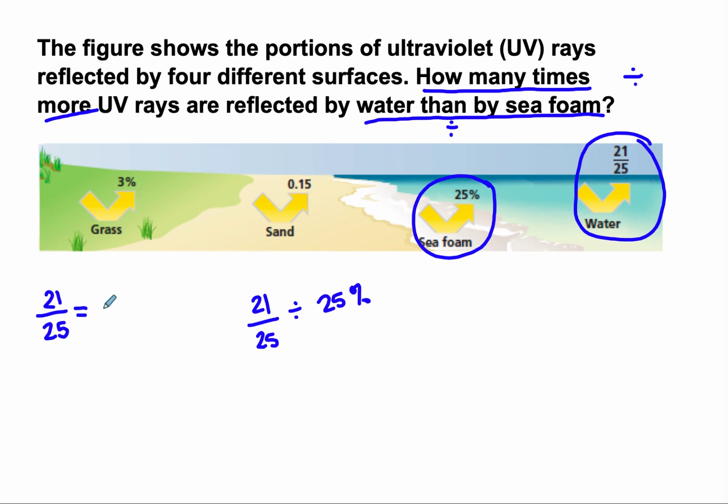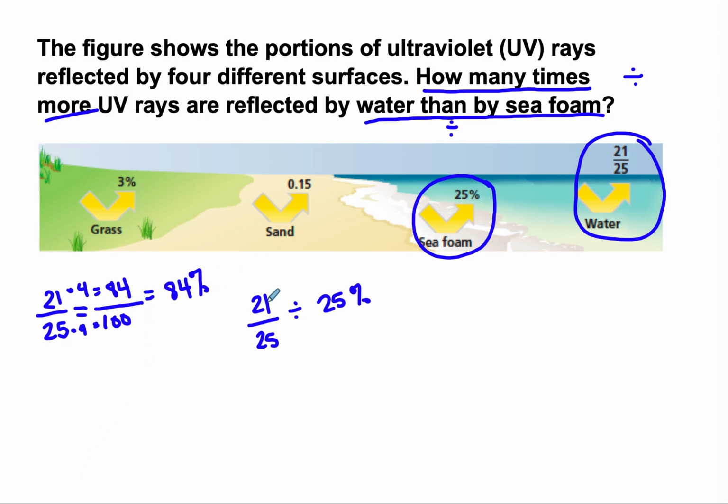If I want to make it a percent, that means I need to make it out of 100, because percent means out of 100. So I know to get from 25 to 100, I can multiply by 4. So I could multiply 21 by 4, and that would give me 84 over 100, which means the same thing as 84%.